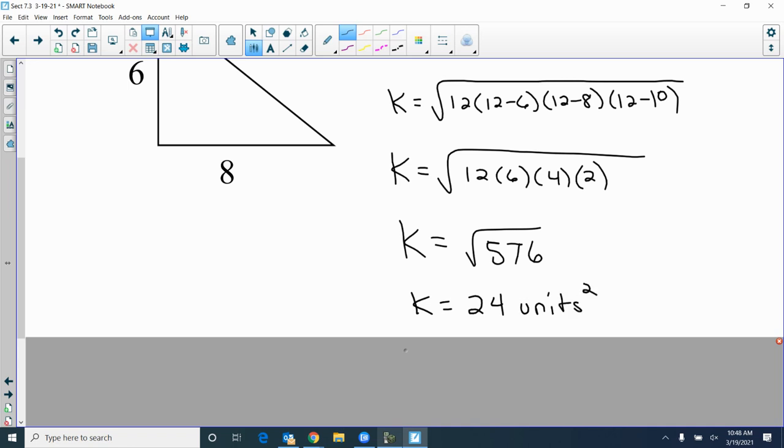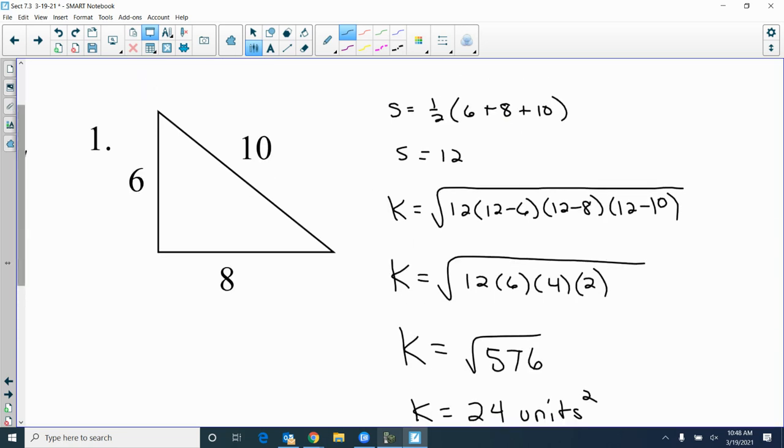All right, now I want to do that one on purpose, and I also drew this triangle accurately. What type of triangle is that? It is a right triangle, because you can double check it: a squared plus b squared equals c squared. That's 36 plus 64, which is 100. That equals 100.